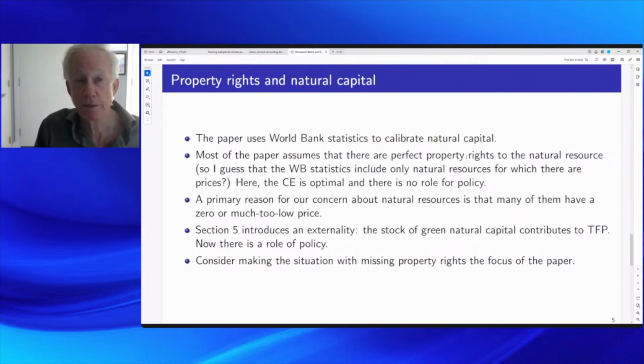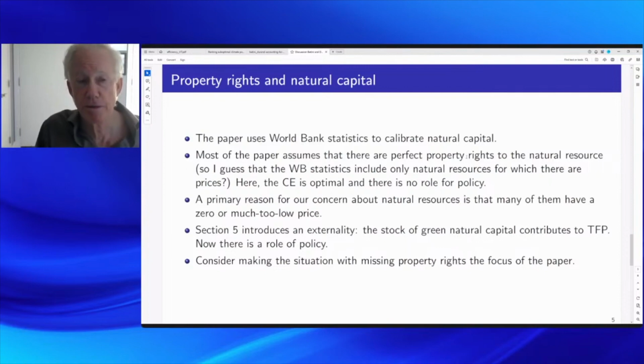Much of the paper deals with the situation where the competitive equilibrium is optimal, and so there's no role for policy. Towards the end of the paper, the authors introduce the externality, and the presentation we just saw described how that occurs through TFP. And here, of course, there is a role for policy.